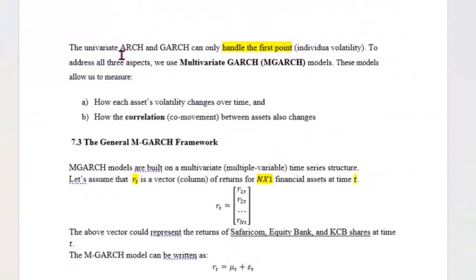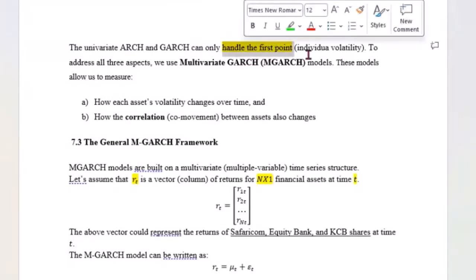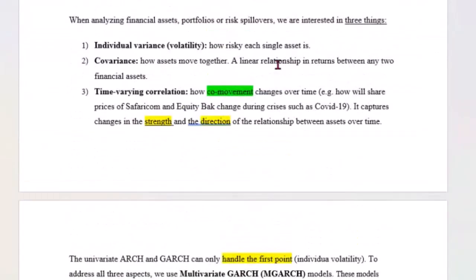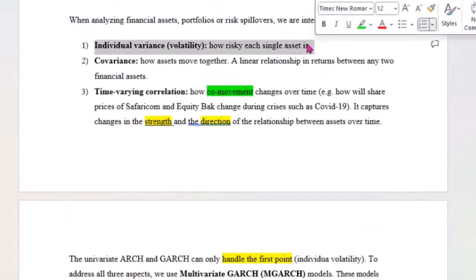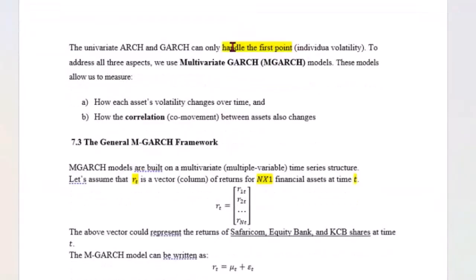The univariate ARCH and GARCH models can only handle the first point, the individual volatility, and we saw that yesterday. But to address all three aspects, we need the multivariate GARCH, or M-GARCH models.